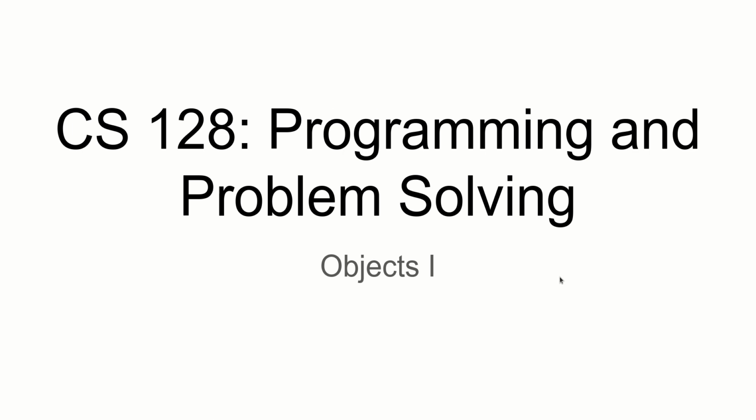Many of the types of data that we've worked with so far in Python have actually been objects. Some people argue that everything in Python is in fact an object, but typically it's most useful to think that the more complex types of data are represented by objects.